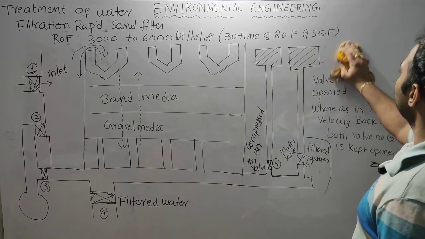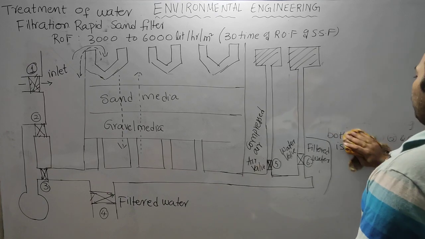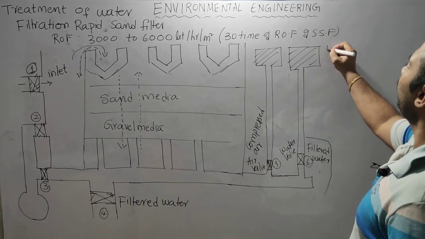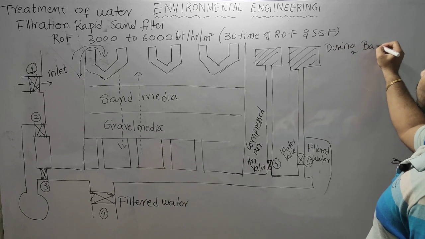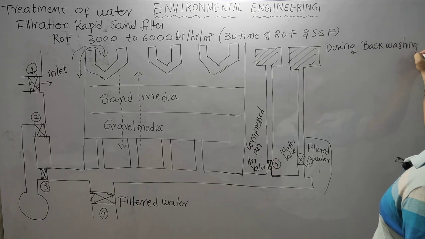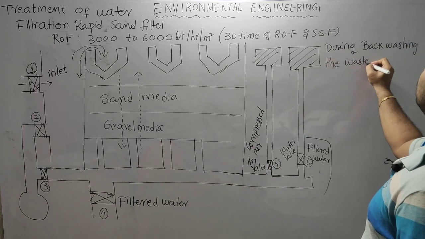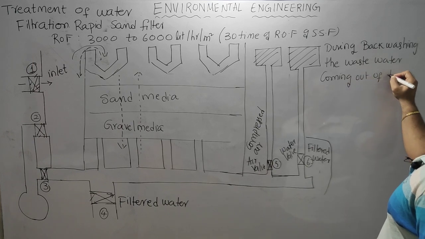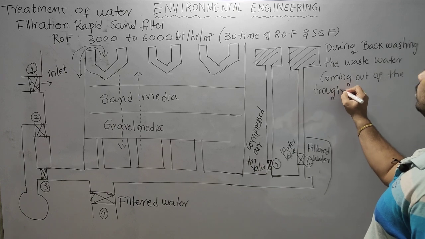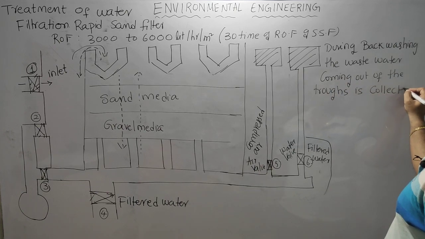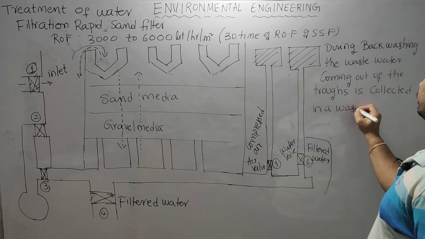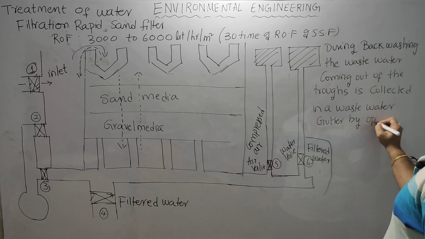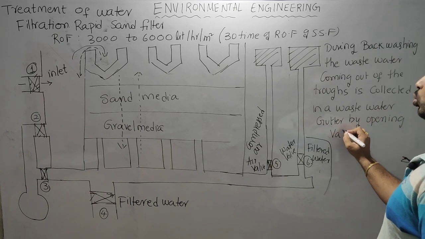Once the cleaning operation is completed, whatever wastewater is coming out of the troughs during backwashing is collected in a wastewater gutter by opening valve number 2.